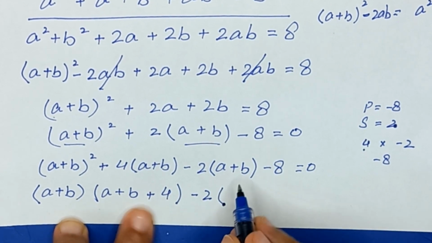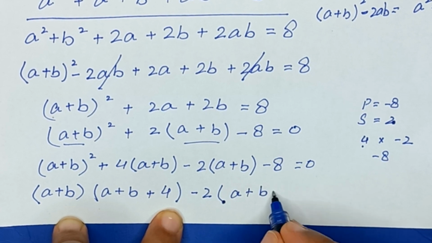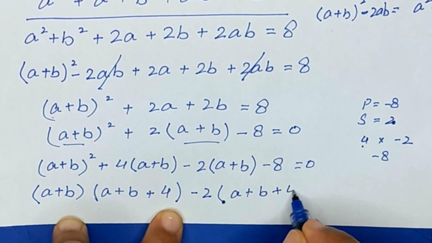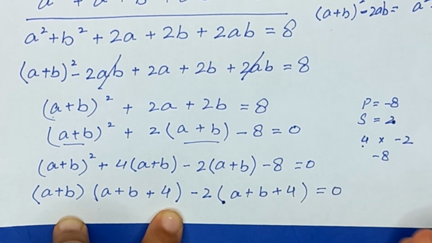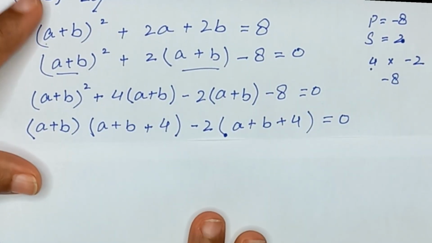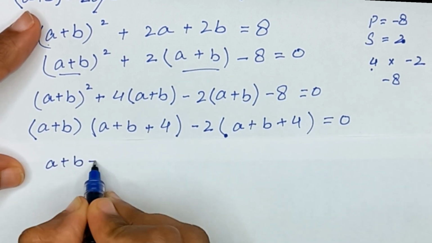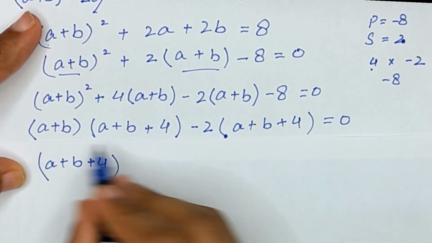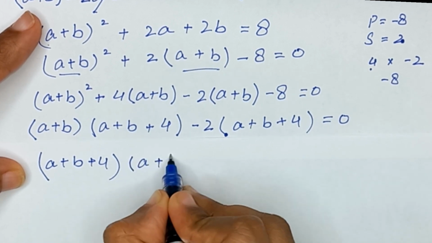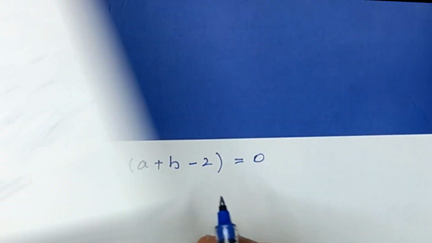So it will become, this divided by this will be A plus B, minus into minus will become plus, 8 divided by 2 is 4, and it will be equal to 0. So here we have A plus B plus 4 common in both terms. So this divided by this will be equal to A plus B, and this divided by this will be equal to minus 2, is equal to 0.